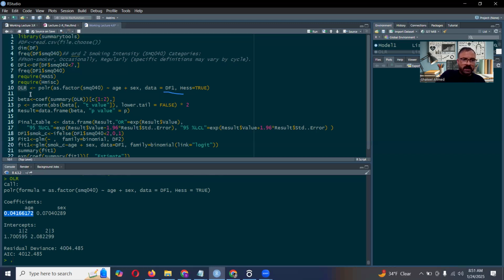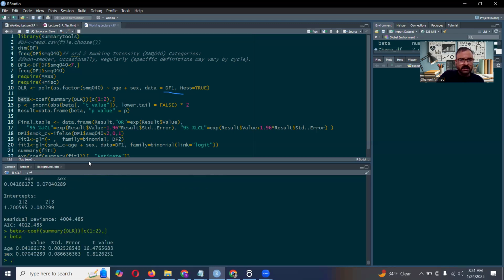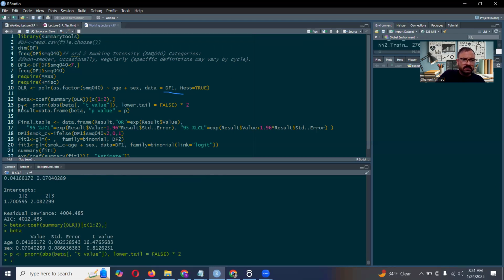So we have this, and we can extract the beta as you have already seen. These are the beta values, and it will include the t value and standard error as well. And we can compute the p value, as we need to report p values as well.